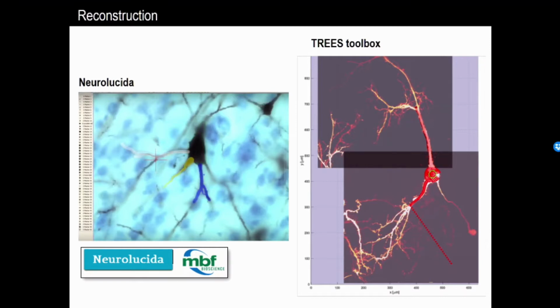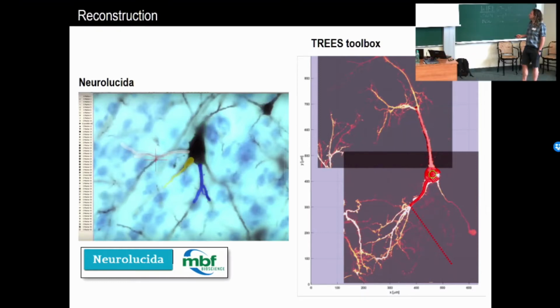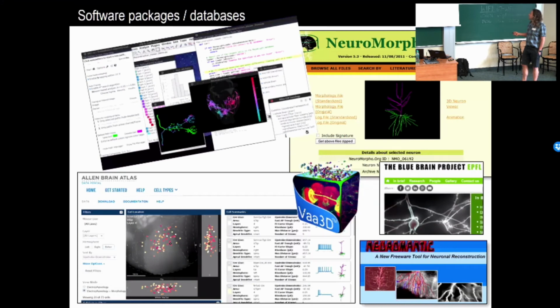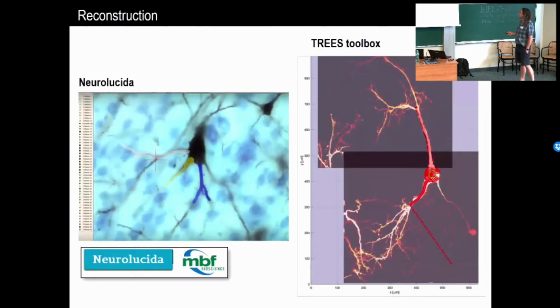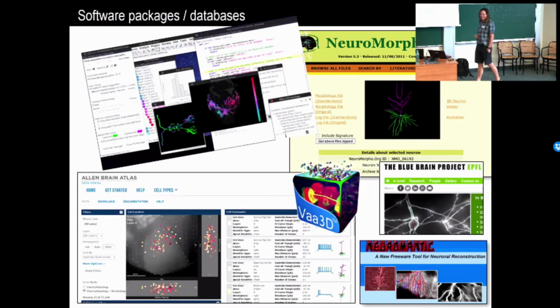I don't have to go into too much detail here, because Dieter already explained a lot of this. So there's NeuroLucida, for example, where you can go point by point, and there's a variety of similar programs to draw the three-dimensional structure of these dendrites and axons. We have also our own tool, which I'm not sure I recommend, but essentially there's no tool that is really perfect.